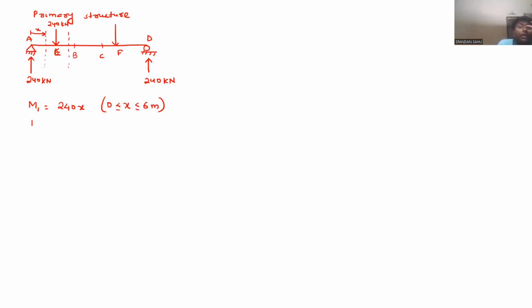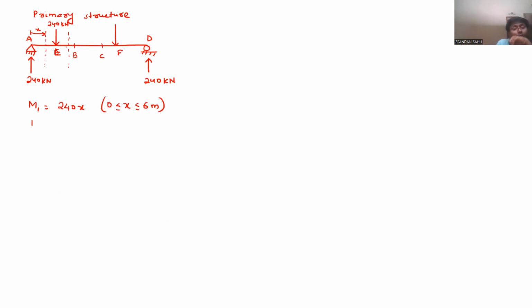Now see, one thing: you have to be cautious enough while you are choosing your X values. If you choose your X from here, you can write the equation, no doubt, at this section also. But while integrating, you have to take care of your limits. Because if you take X from here and you are writing the bending moment equation here, you have to be cautious enough about which value to which value your X is varying.